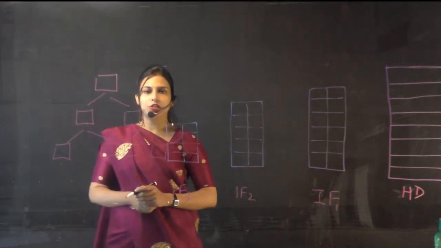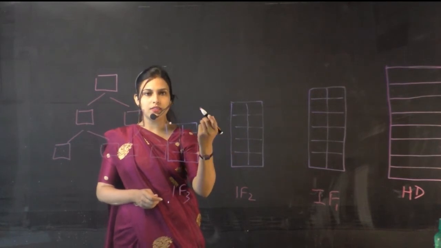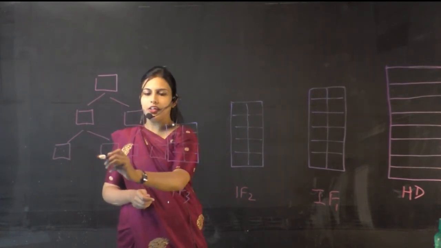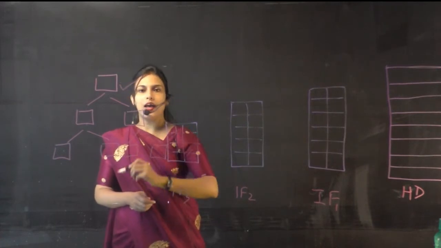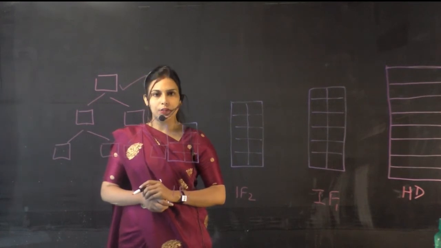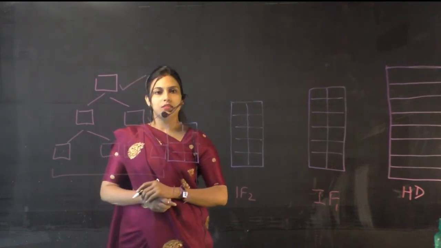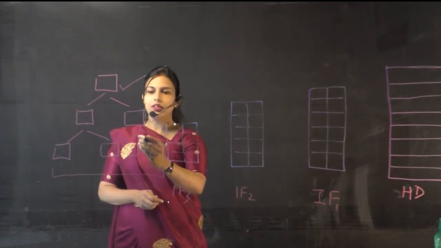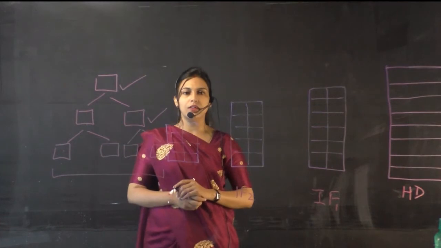A tree data structure is acyclic in nature, because the graph data structure is cyclic in nature, but in a tree data structure no cycles exist. So this is known as the root node. These nodes are known as the intermediate nodes, and these nodes are known as the leaf nodes. So using the tree data structure we will implement multiple level indexing in DBMS.